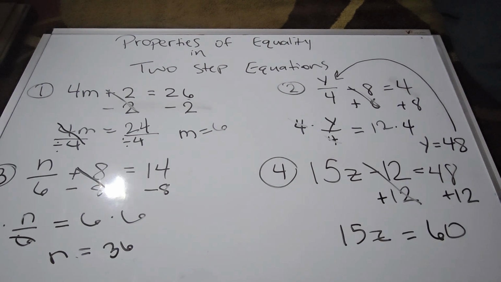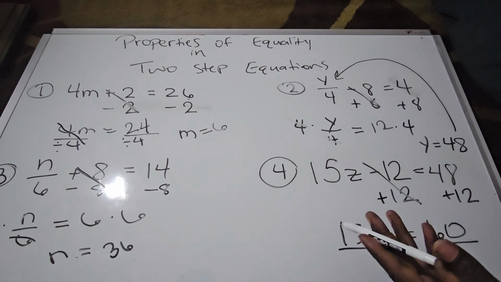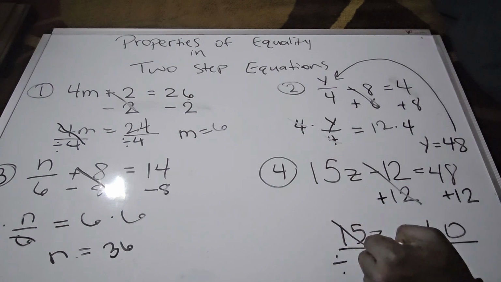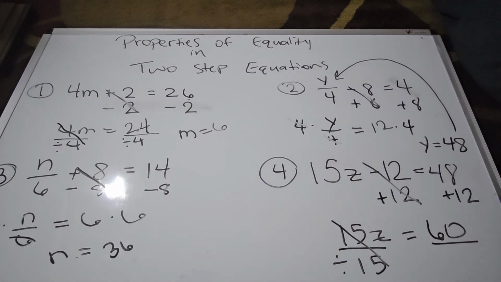Now that's just the first step. Now we do the second step. The second step, since this is 15 times z, we're going to do what? Divide. 15 times z, we have to do the opposite. We're going to do 15 divided by 15, those cancel out. We have z by itself now. Now, again, we can't just do this on one side.